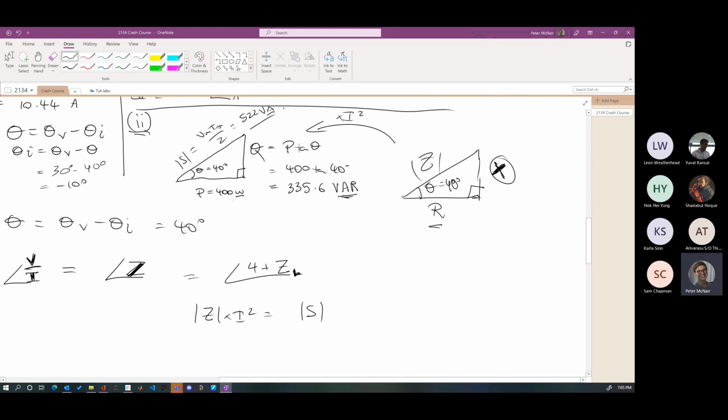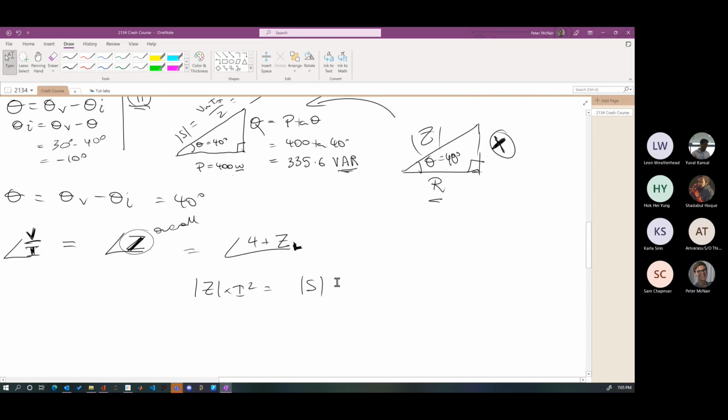So Z is our overall impedance, and ZL is just for the inductor that we're looking to find.